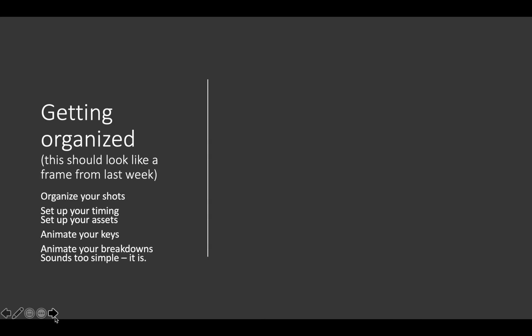Basically, I'm going to just talk about how to simplify things, and then I'll talk about how to set up a shot and do your breakdowns and keys and so on.